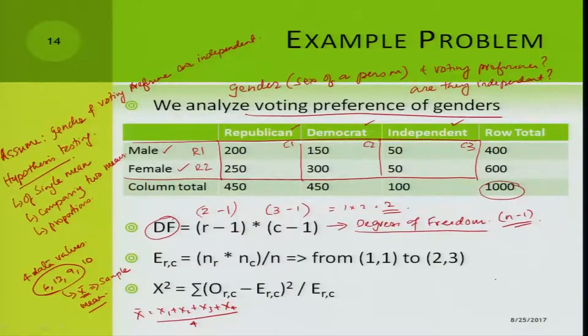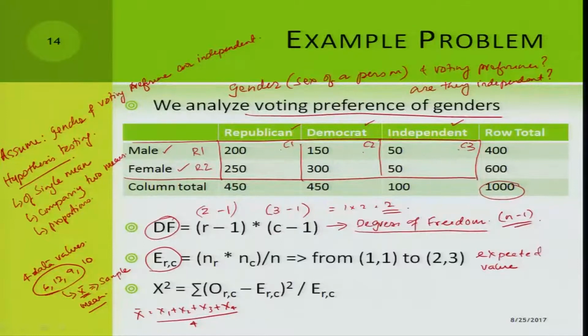Once you calculate the degrees of freedom, the next thing you need to do is calculate the expected values. The expected value of each row-column cell, E_RC, is calculated for column 1, column 2, column 3.